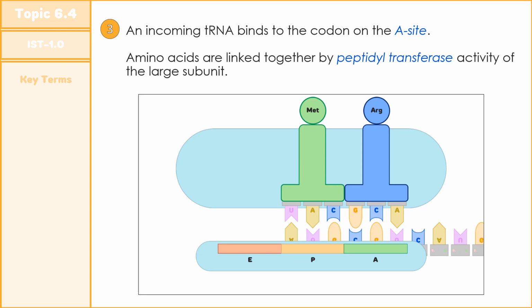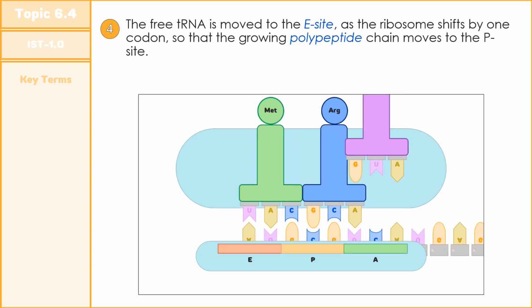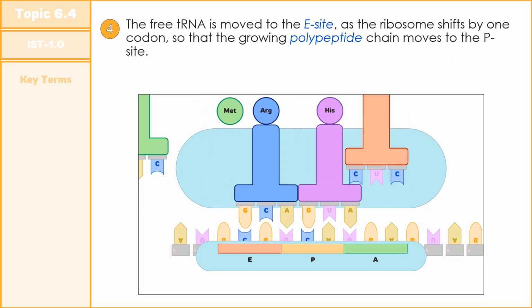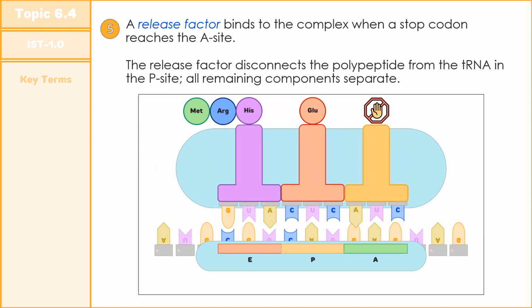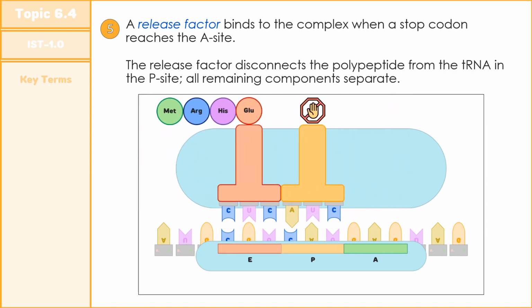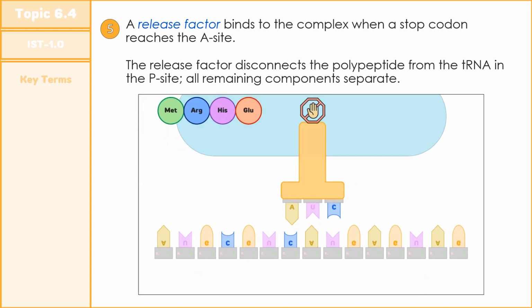And we are then going to transition over to the E site. We're going to shift our codons over, and we are going to continue to add new tRNAs as new codons reach that A site. Now, this will continue, and our polypeptide strand will continue to grow until we reach what is known as a release factor, which is coded for by our stop codons.